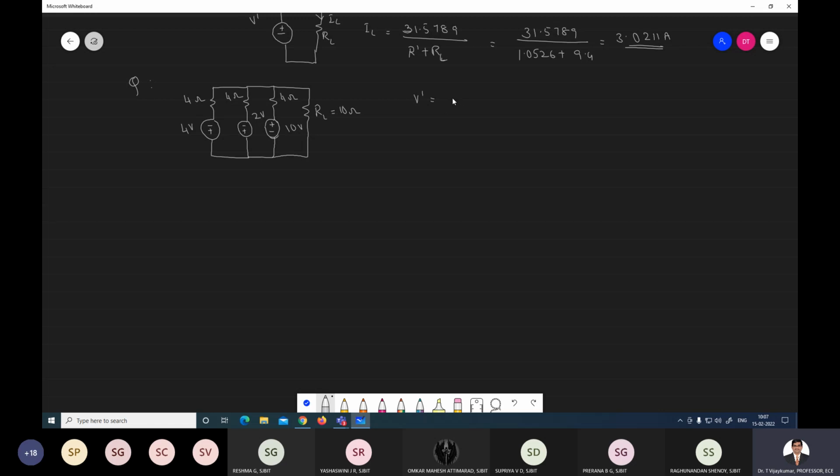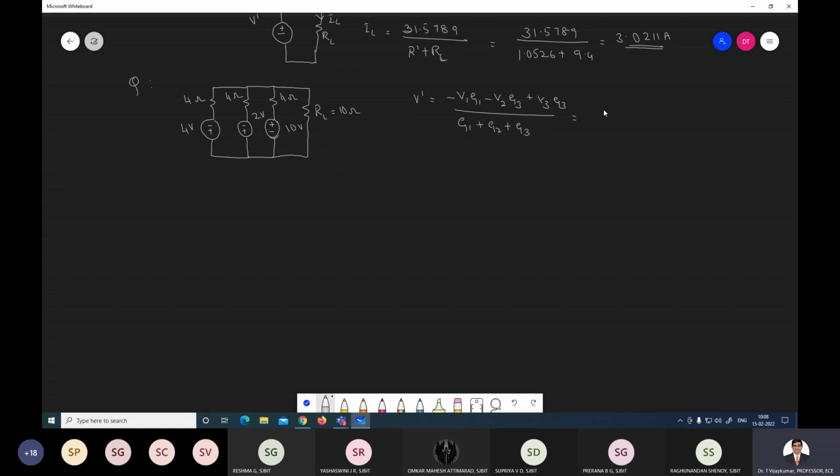So therefore you have to take V dash equal to first one is minus V1 G1 minus V2 G2. The other one is positive only, negative is connected to ground, therefore you take positive only, plus V3 into G3, divided by G1 plus G2 plus G3.